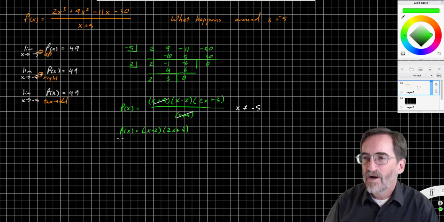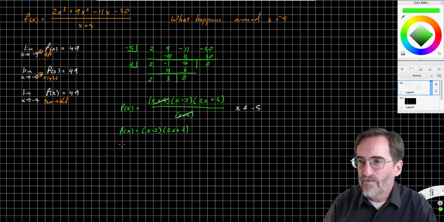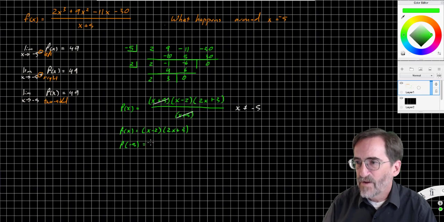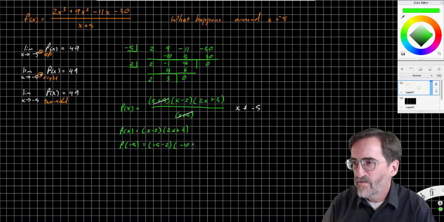All right, let's plug in negative 5. f of negative 5 is negative 5 minus 2, negative 7, times 2 times negative 5 is negative 10, plus 3, negative 7. Lo and behold, it is 49.